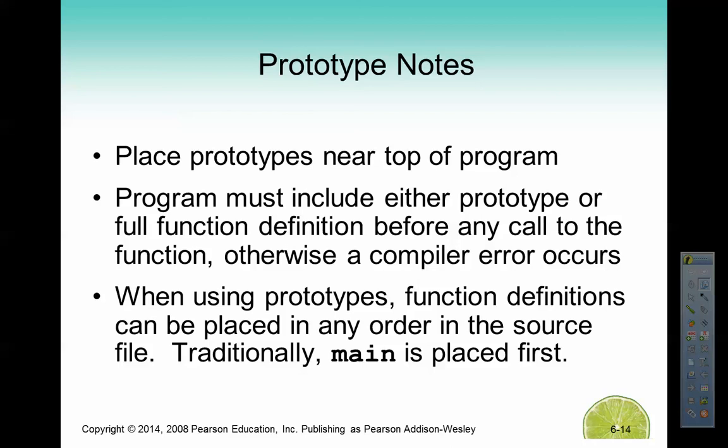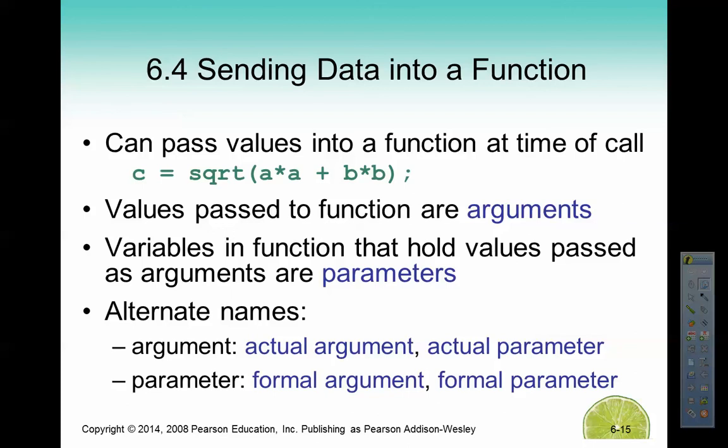If you do not use a prototype, then you have to use the full function definition. When using prototypes, function definitions can be placed in any order in the source file. And of course, traditionally, main is placed first. So we have the prototypes, and then we're going to be placing main.